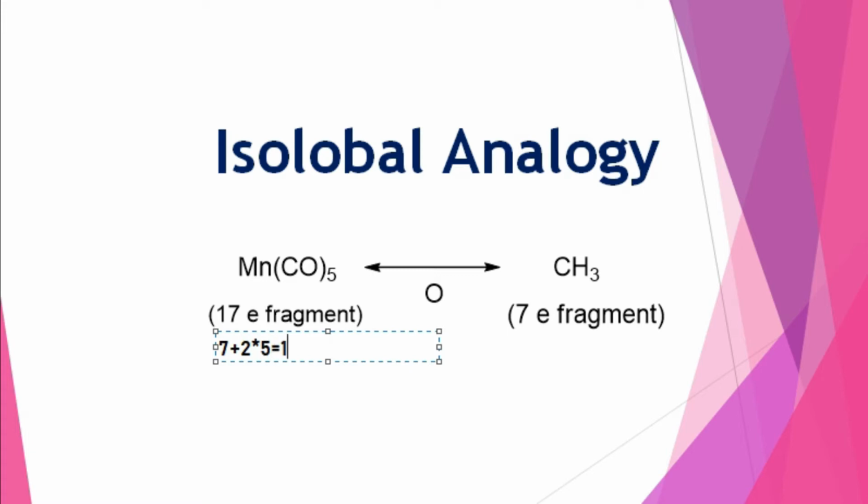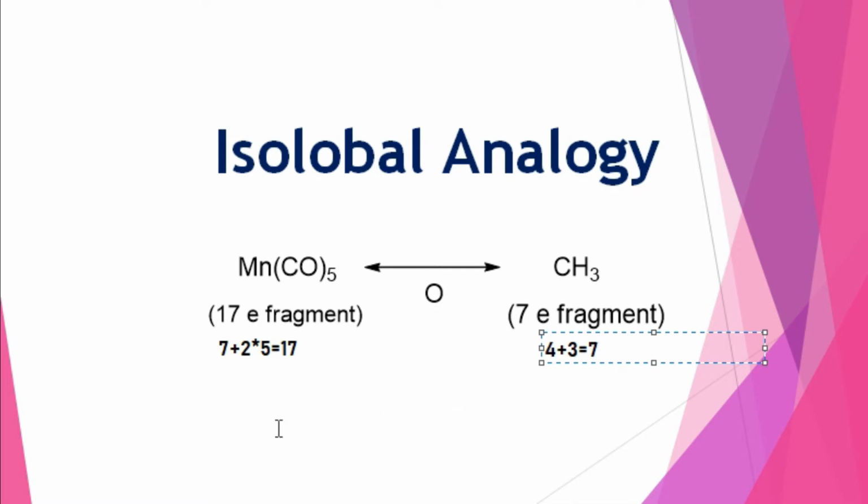So you get 17 electrons from the Mn(CO)5 complex. And again CH3, where carbon has 4 valence electrons plus 3 electrons from 3 hydrogens. So you get 7 electrons in the valence shell of the CH3 fragment.